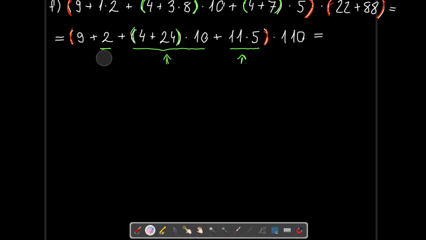So now the plan is ready. We have 9 plus 2. Oops. Plus. Okay, let's use the distribution. Let's multiply 10 by each number in the bracket. That gives us 40 and 20.